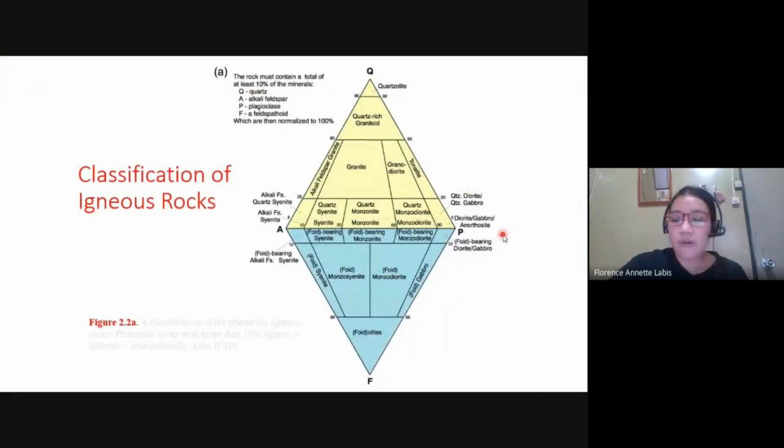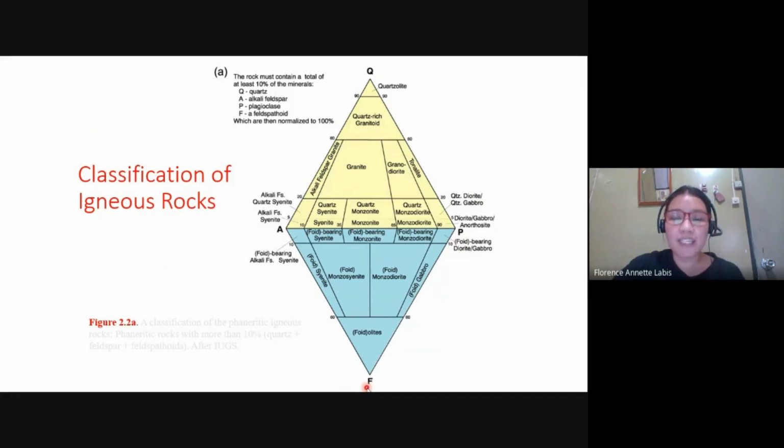Okay, so now let's just review some of the diagrams used for classifying igneous rock. So this is the QAPF diagram. So this is according to the IUGS. So you have Q for quartz, A for alkali feldspar, P for plagioclase, and F for feldspathoid.